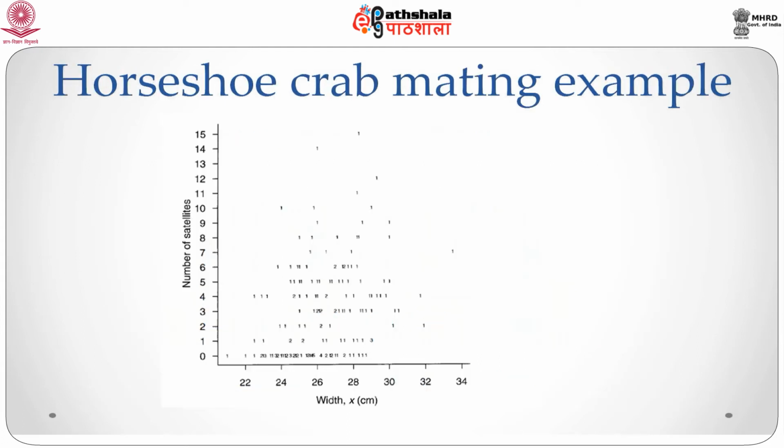Now, a good exercise for any regression model fitting is to first make a rough plot of the data. So here, for example, we see a scatter plot of the number of satellites as a function of the width taken on the x-axis. Unfortunately, however, the plot is not really that helpful as it would have been for the case where we have a continuous outcome.